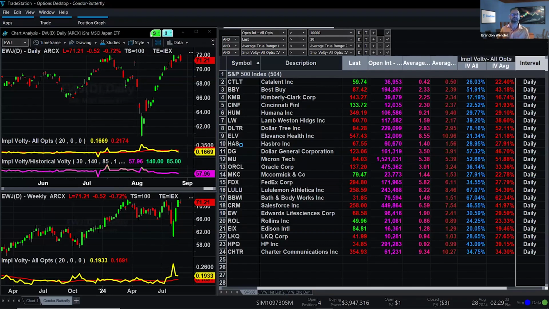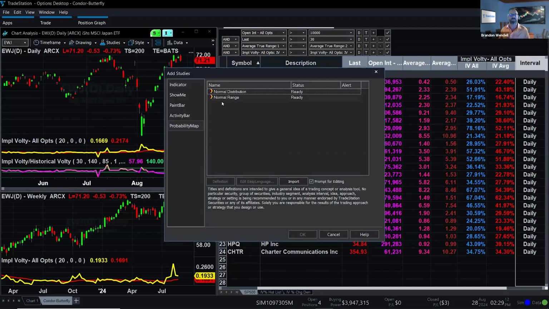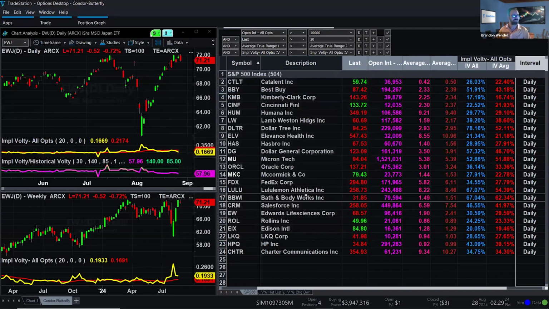And again, I'm not going to go into teaching all these studies. There's plenty of help things. And actually, I think there's a masterclass that Jesus runs that goes over a lot of these different tools. But right there, probability maps, normal distribution. You can actually project that into the future on your chart by adding space to the right to give you an idea of where prices are likely to be in the future. Okay. So max loss sometimes shows positive.